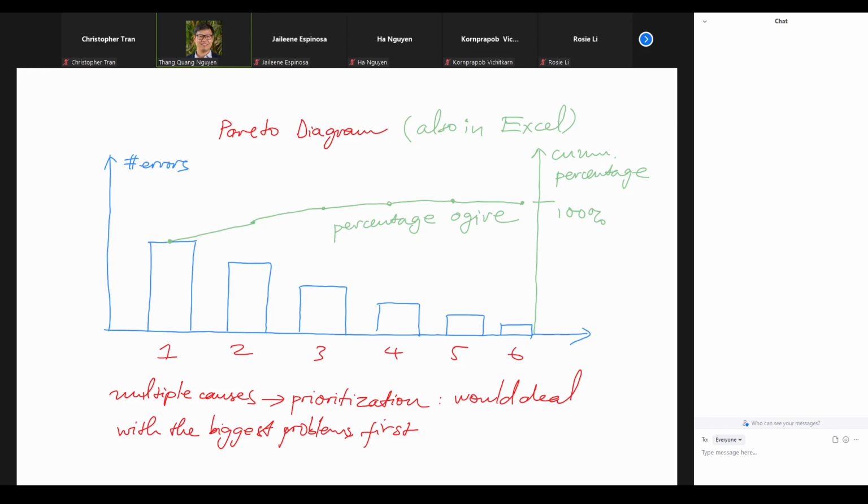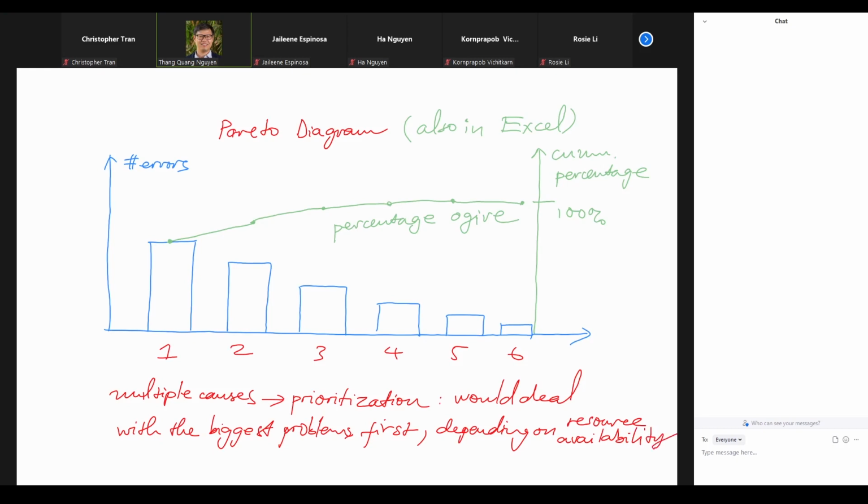So it's a little bit situation specific, because it depends on the resource availability, right?